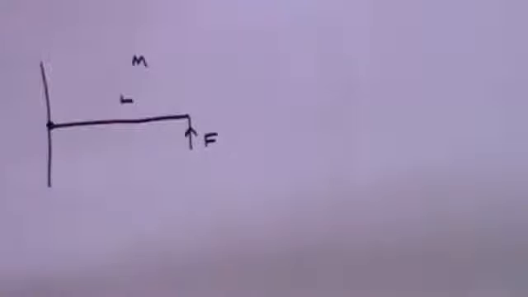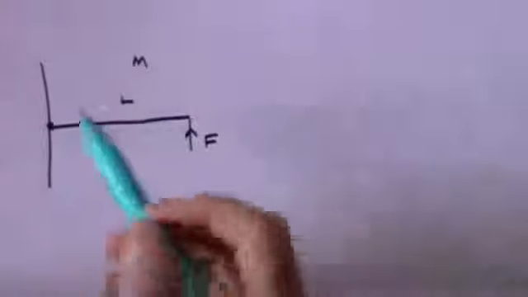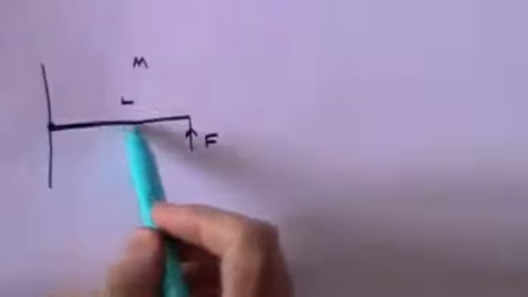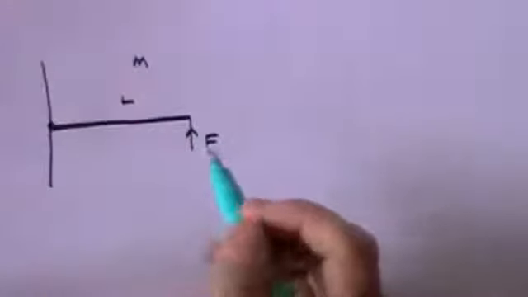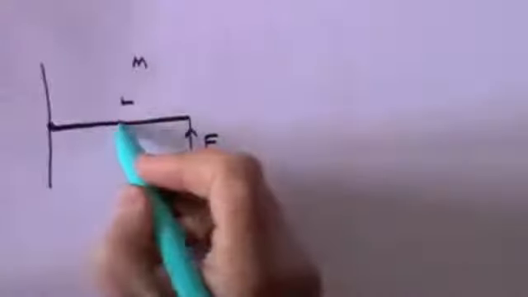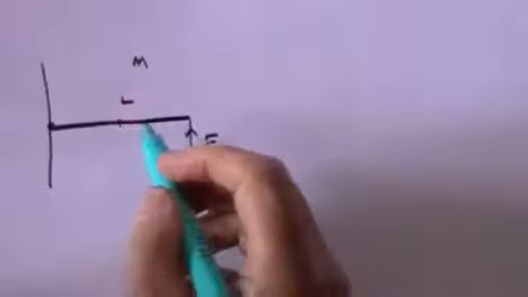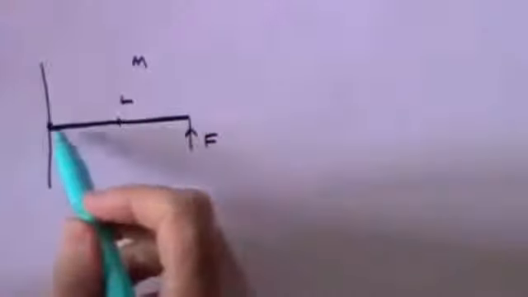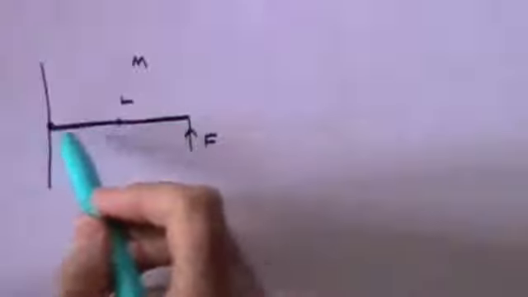Now you'll remember from the first video in this series that we said the centre of mass is the point at which all the mass of an object can be thought to act. So if we take this long rod here of mass m, it can be thought of as acting at the centre of mass, which, if it's a uniform rod, is at the centre.